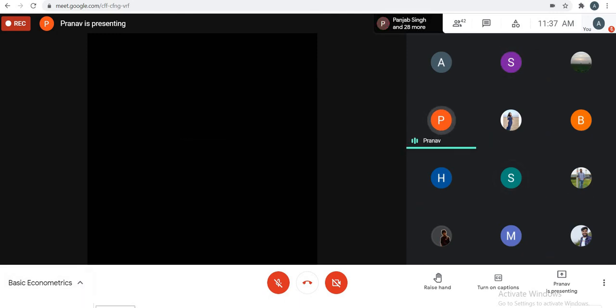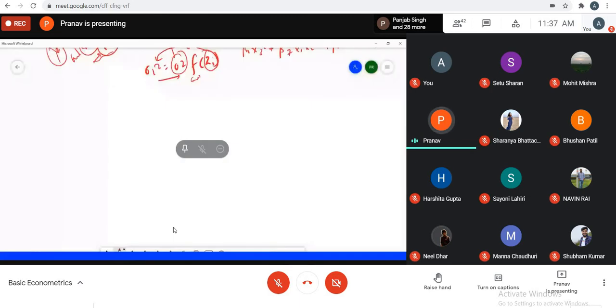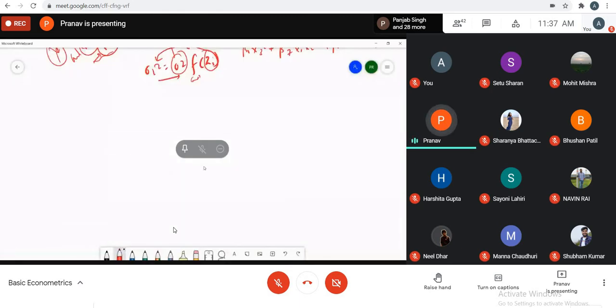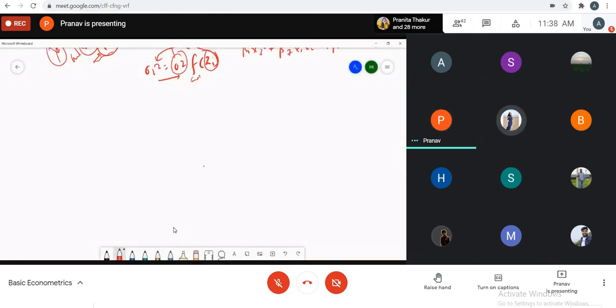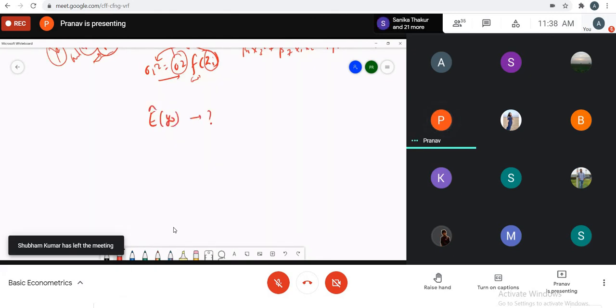Coming back to your question, Sharanya, can you see the screen? Yes, sir. Okay. So prediction of average value means you're talking about this. Prediction of actual values means you're talking about this.